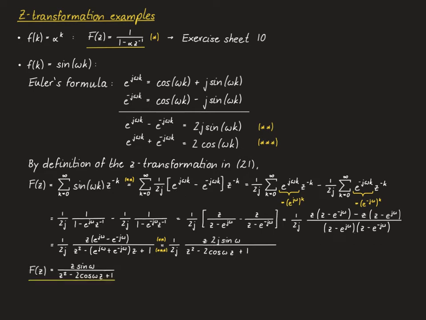By just cancelling the factor of 2j, we obtain that the Z-transform of sine omega k is given by z times sine omega divided by z squared minus 2 cosine omega times z plus 1.